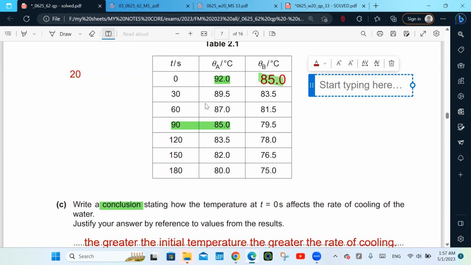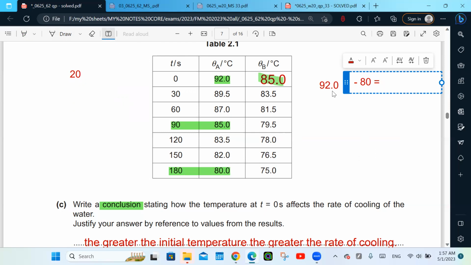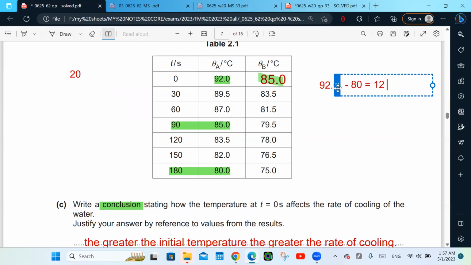When the hot liquid at the beginning had a temperature of 92, after 180 seconds, as you can see here in the table, it was 80, so 92 minus 80 is equal to 12 degrees Celsius.